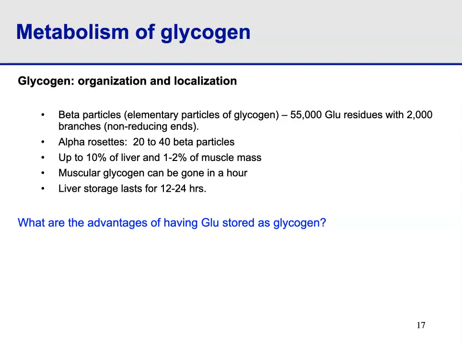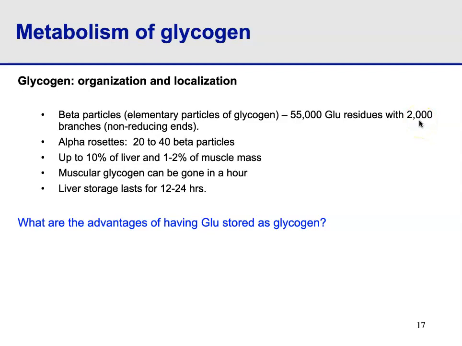Now, we know that glycogen is a homopolysaccharide, so it's made out of glucose, but structurally its simplest elementary particle or structural unit is the beta particle. Each beta particle is made of approximately 55,000 glucose monomers or residues with approximately 2,000 branches.